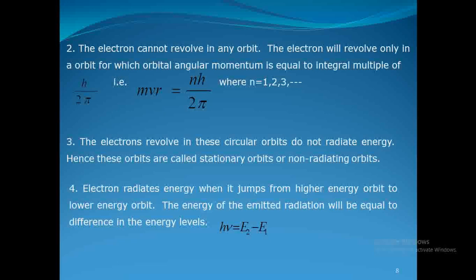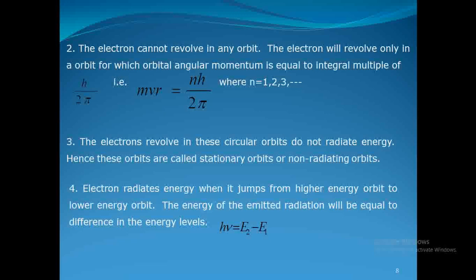And E1 is the energy of the electron in any lower energy state. If the electron makes a transition from the fifth orbit to the second orbit, then the fifth orbit is the higher energy orbit, and the second orbit is the lower energy orbit. So these are the four postulates of Bohr's, right?